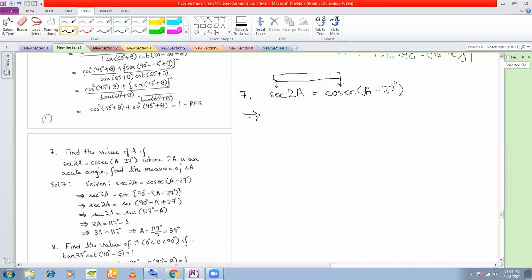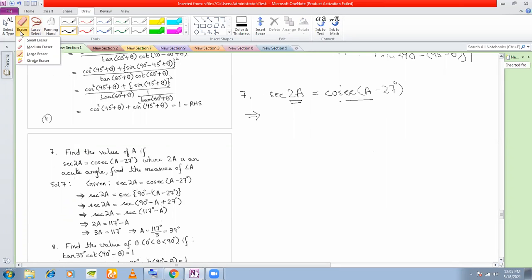Now the question is, which one should you change? You can change any one of them, but you have to change one of them, so that if you change sec to cosec, both sides will have cosec. If you change cosec to sec, both sides will have sec, right? So the best way is, since we don't have anything added here to this angle 2A, it is best to change cosec to sec.